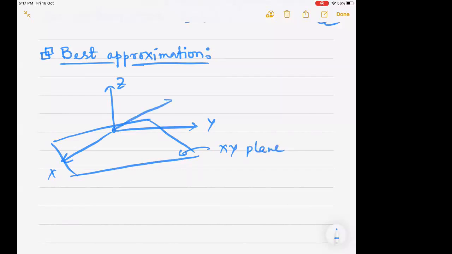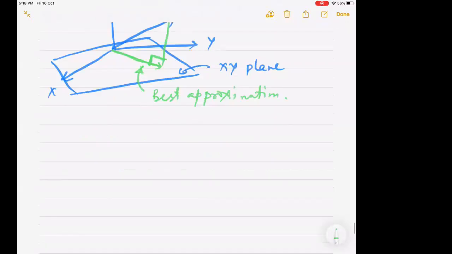And suppose there is a vector here. What is the best approximation of this vector? Well, just drop this perpendicular. This is the best approximation, the orthogonal projection. And the orthogonal projection has the property that this angle is 90 degrees.